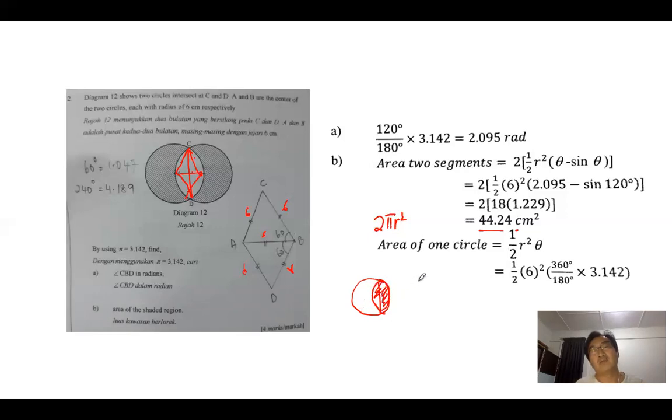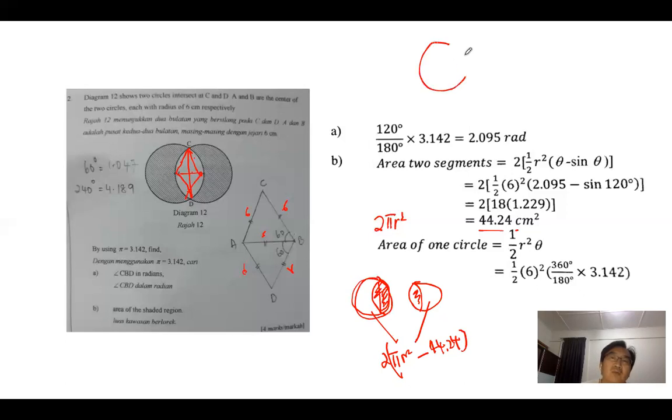So the other one also minus these two segments, right? So meaning that we need to do 2 pi r square, so 2 areas. Then you minus the 2 segments, so it's pi r square minus 2 segments, right? 44.24, right? Then you multiply by 2 because there are 2 circles here. Okay, so hopefully you understand.